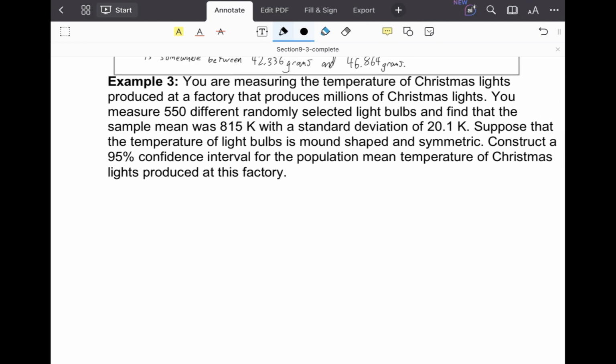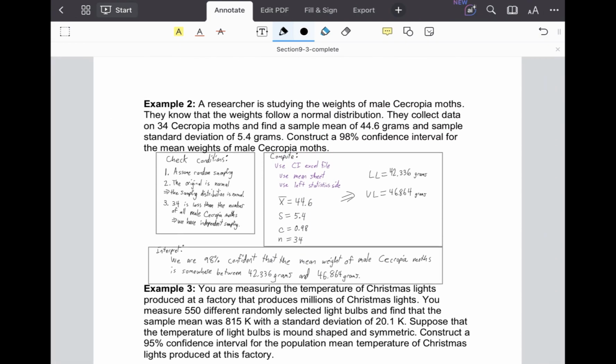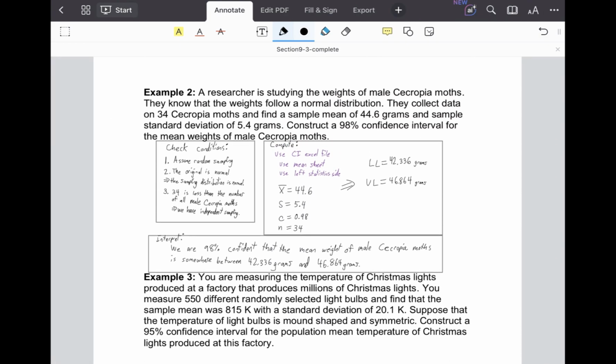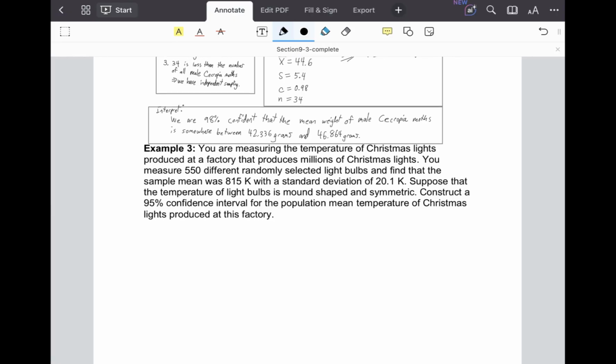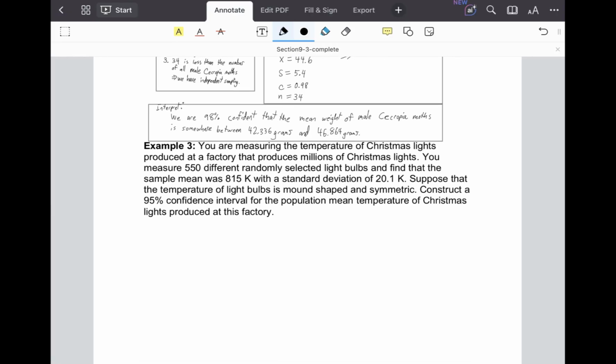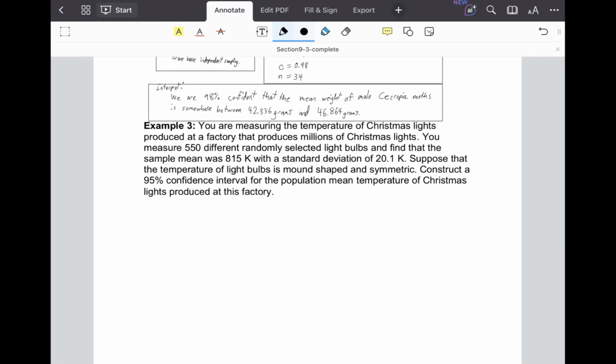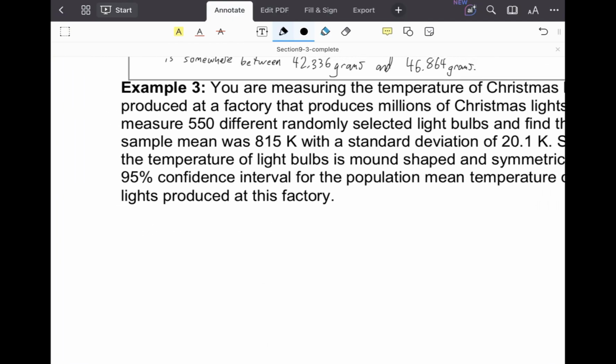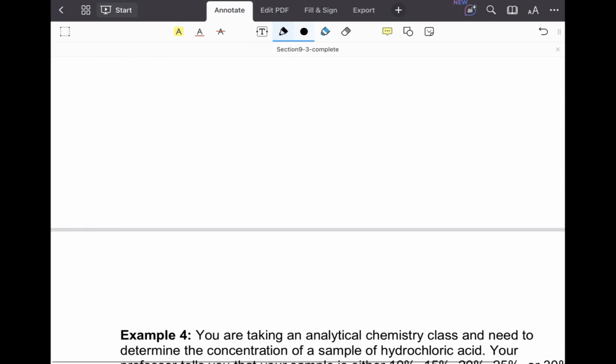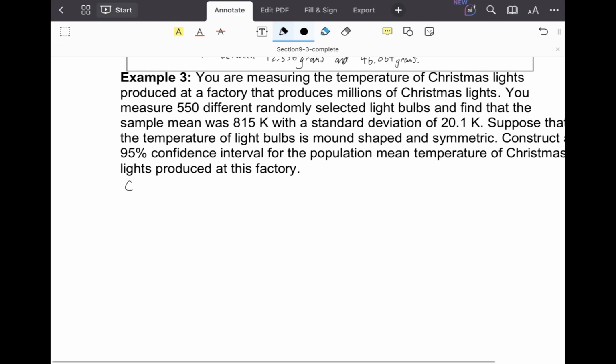Okay, so same thing. This is actually the same situation as example 2. There's one small difference. The original distribution is not normal. And so when we check our conditions, they're going to be just a tiny little bit different. So let me just write here, check conditions.